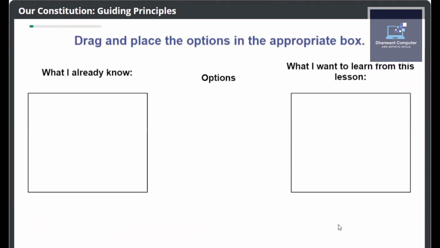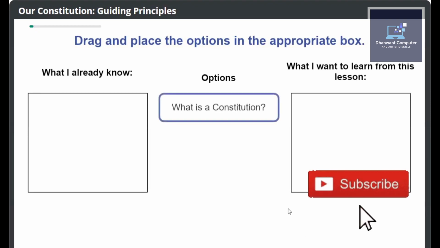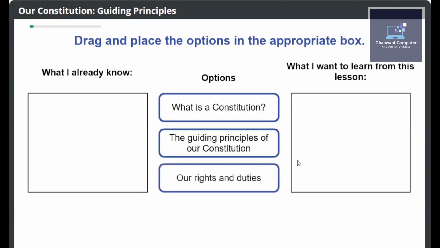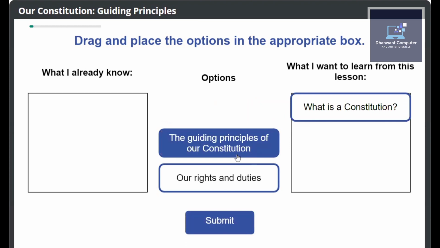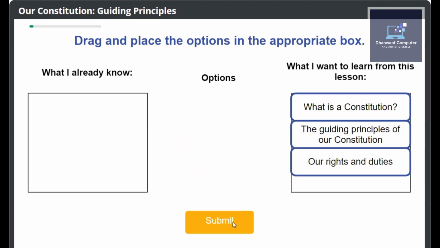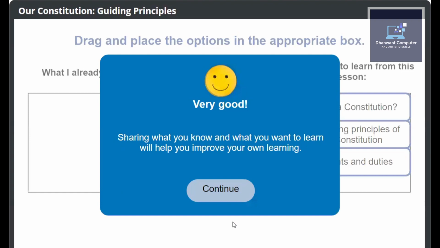Drag and place the options in the appropriate box. What is a constitution? The guiding principles of our constitution, our rights and duties. Very good. Sharing what you know and what you want to learn will help you improve your own learning.